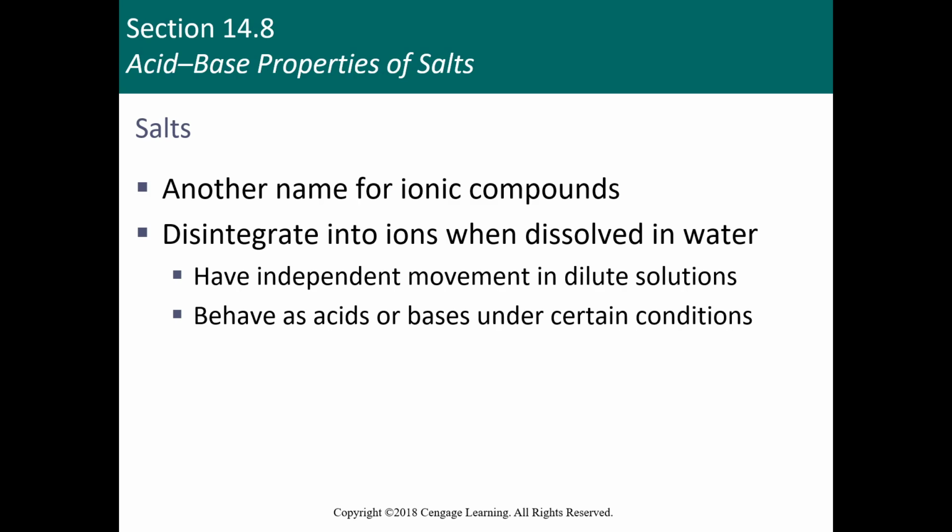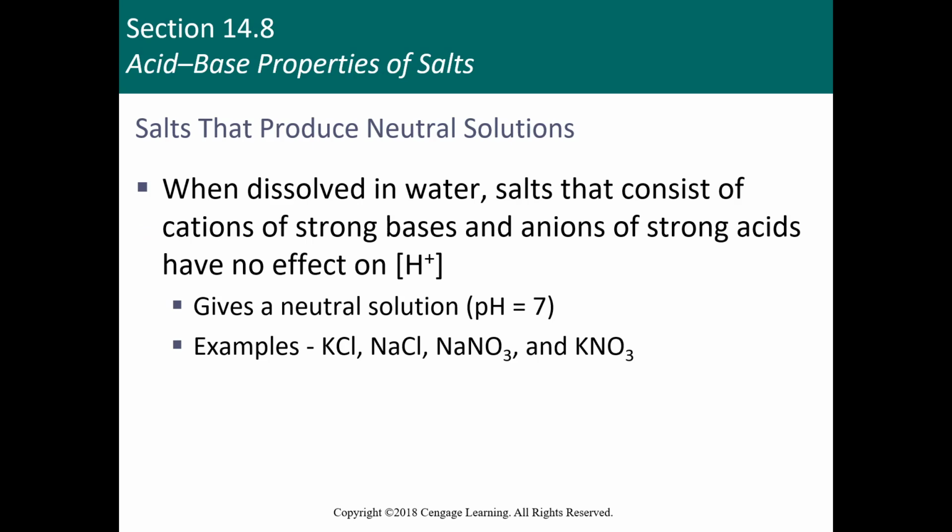And so in a dilute solution, typically the individual ions, the cation and the anion, they don't interact in solution. These can behave as acids or bases under certain conditions. And that's why they're getting brought up right here.